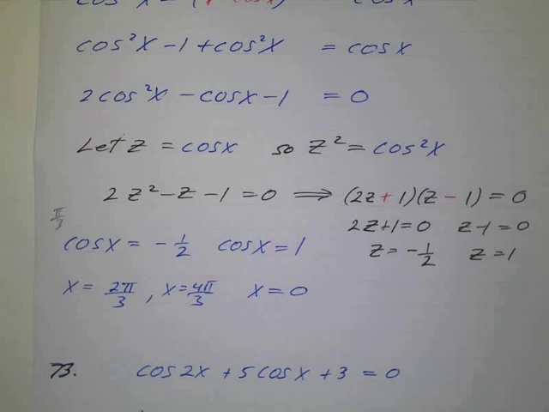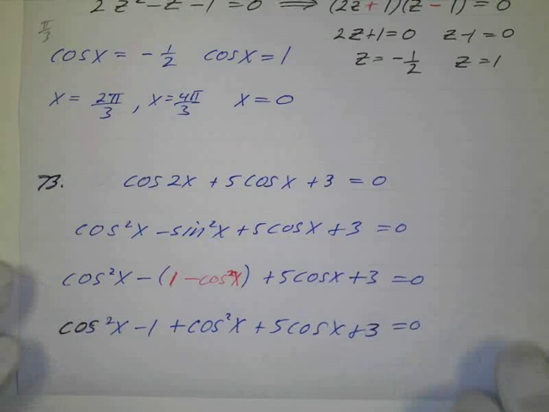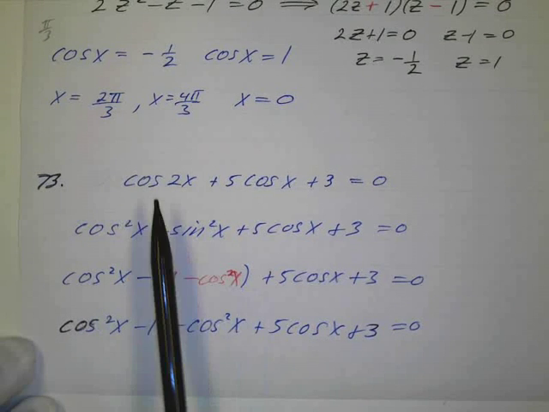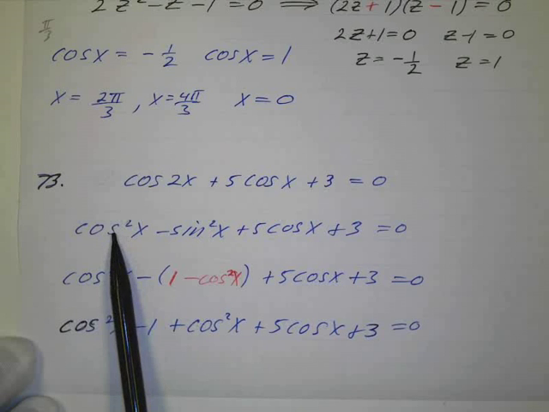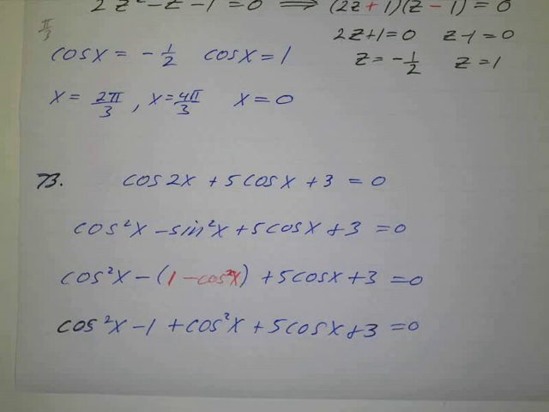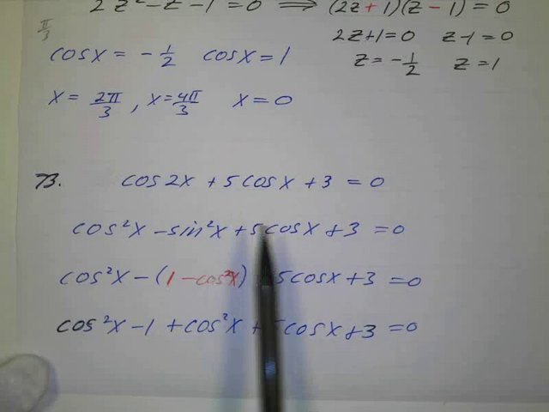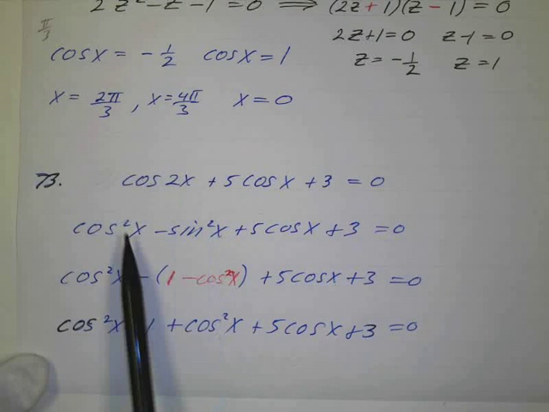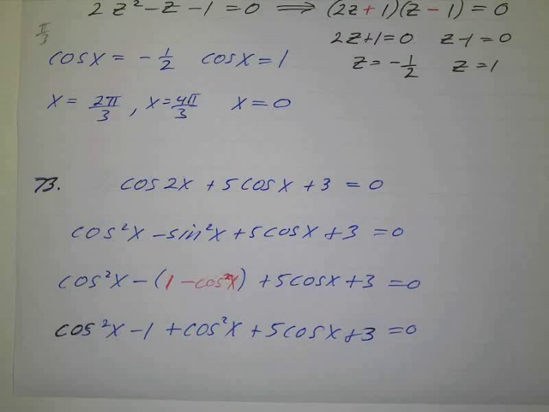All right, number 73. The cosine of 2x plus 5 cosine of x plus 3. And again, I can use this identity, so cosine squared of x minus sine squared of x equals the cosine of 2x. And again, I've got 1x, so I want to get just 1x's, so this identity will change this into 1x.